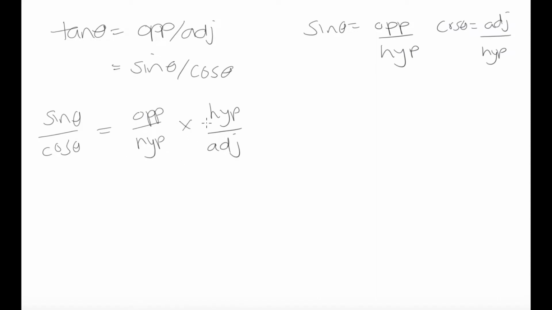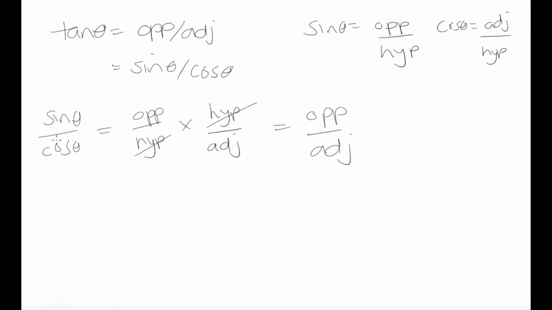That's because here we have sine theta, opposite over hypotenuse. We're multiplying it by the reciprocal of cosine theta, which is hypotenuse over adjacent, because we know that multiplying by the reciprocal is the same thing as dividing by that thing. So now if we have opposite over hypotenuse multiplied by hypotenuse over adjacent, these hypotenuses are going to cancel out, and we're going to be left with opposite over adjacent. So sine theta over cos theta is equal to opposite over adjacent. And we know that opposite over adjacent is tan theta.